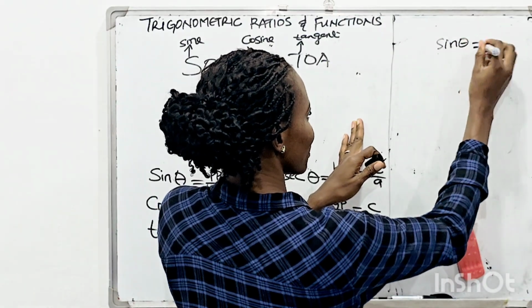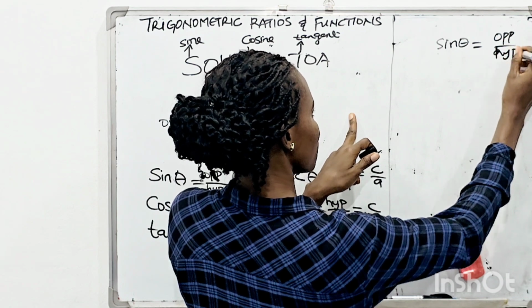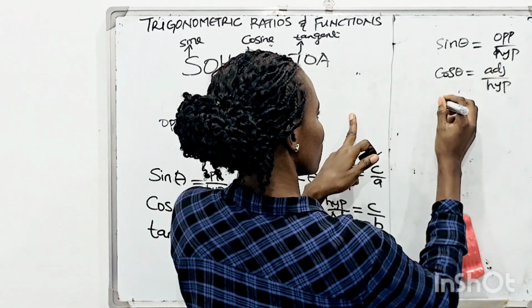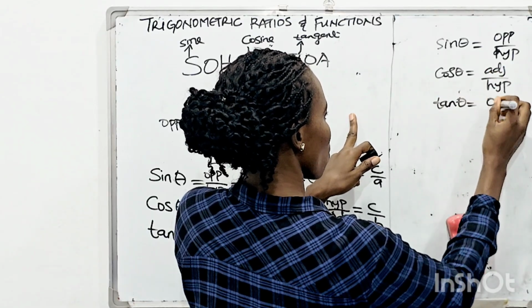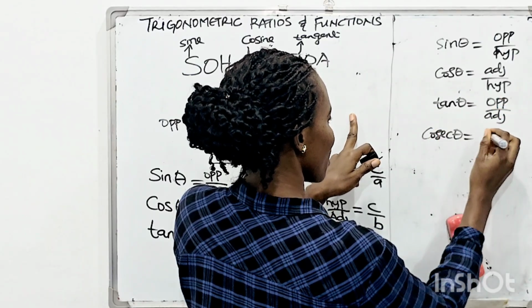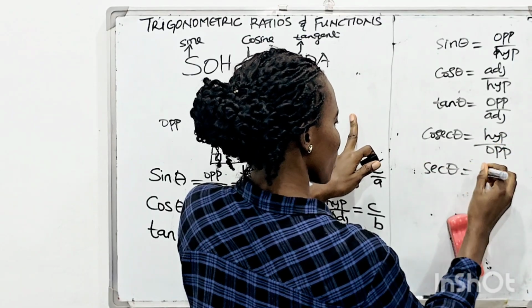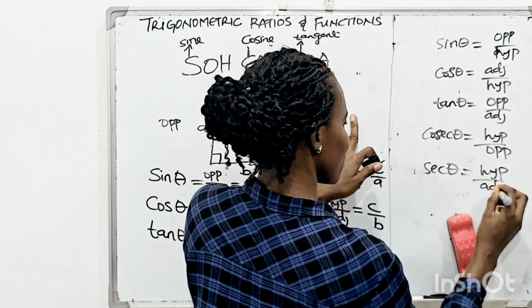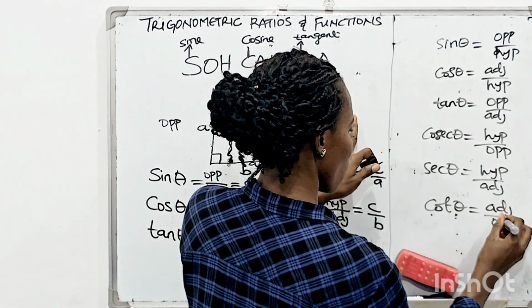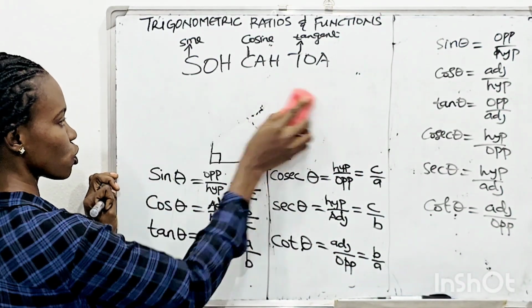So my sine theta is equal to opposite over hypotenuse, cos theta adjacent over hypotenuse, tan theta is equal to opposite over adjacent, then cosec theta hypotenuse over opposite, sec theta hypotenuse over adjacent, and cot theta is adjacent over opposite. All right.